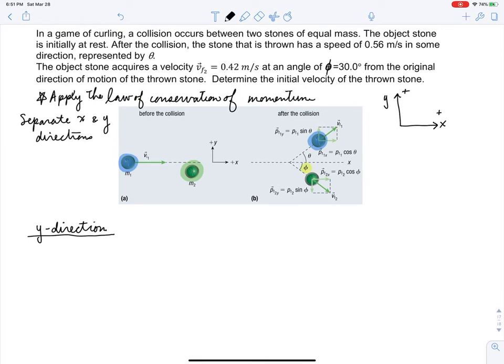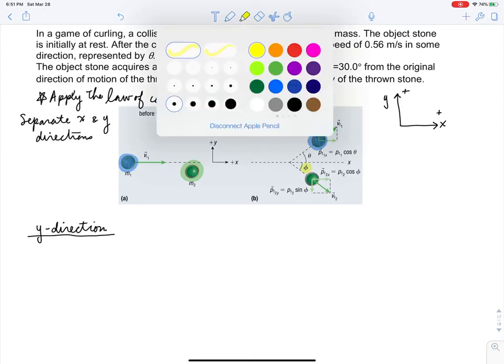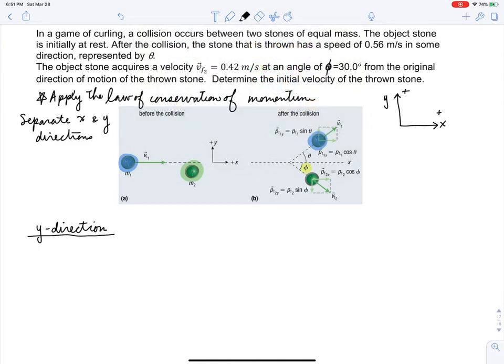If you look at the initial object, M1, this guy right here, we can see that it has a horizontal velocity, or velocity in the x direction, and that there is no y component to its velocity.